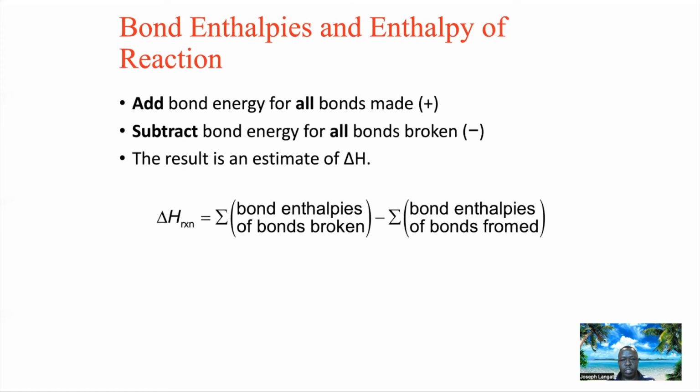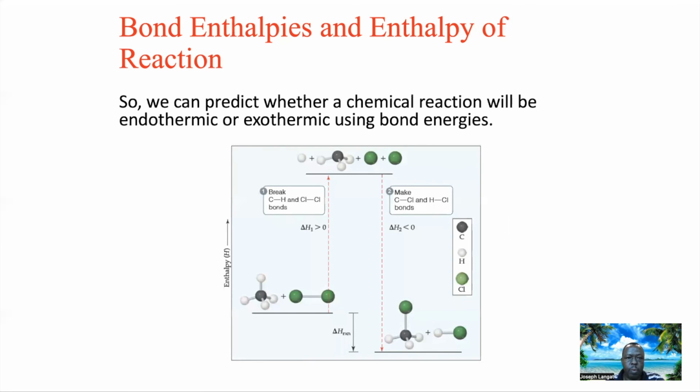Remember in the other equation, it was product minus reactant, but here the bond enthalpy is the bonds broken in the reactants minus the bonds formed in the product. And here are the summations. You'll see in an example how we use this.